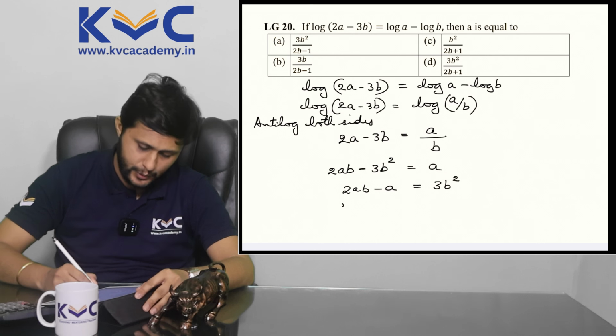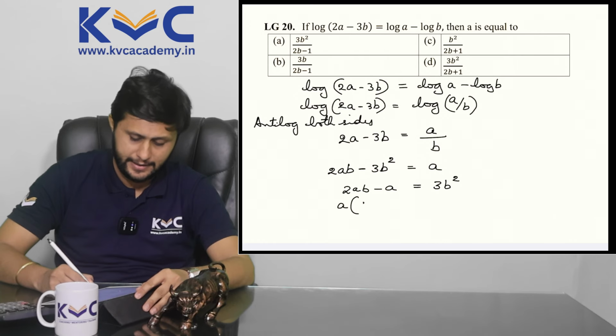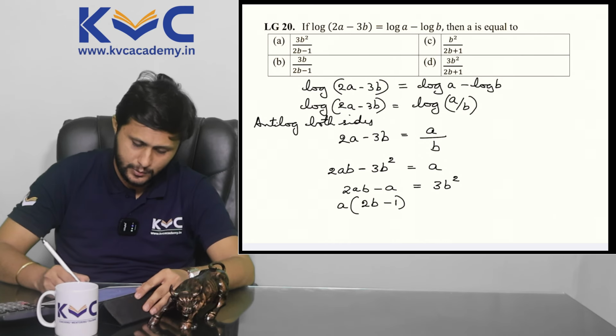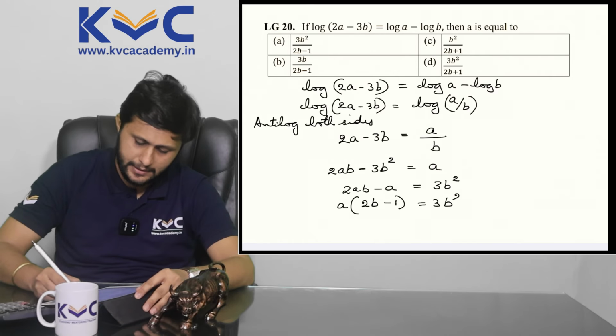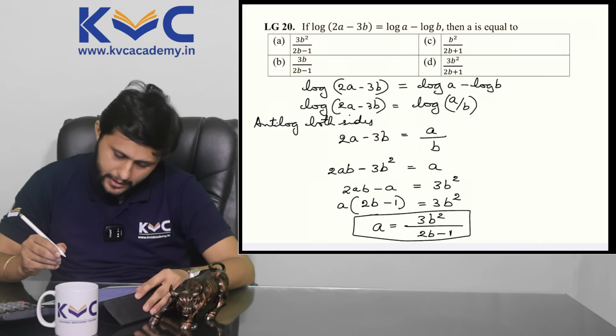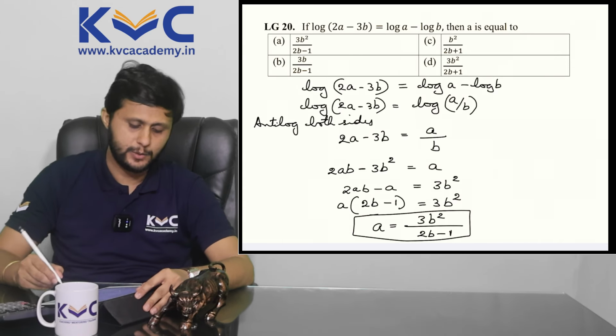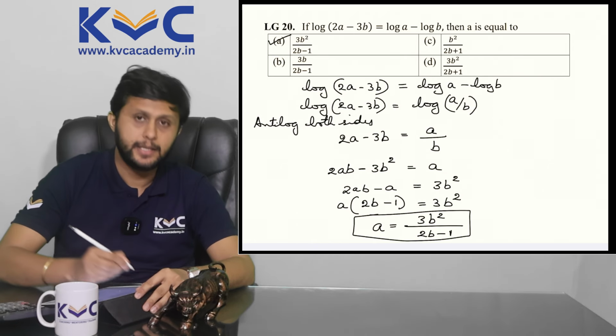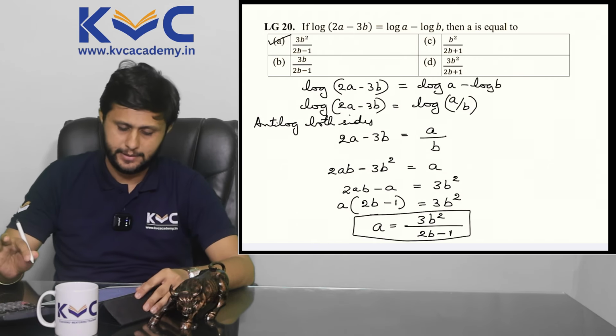We have to solve for a, so a is taken outside, that is factorization. a times 2b minus 1 is equal to 3b square. a is equal to 3b square divided by 2b minus 1, which is there in option A. Option A is the right answer.